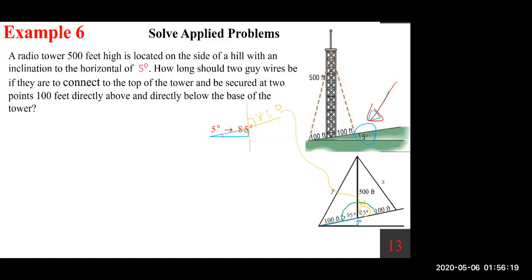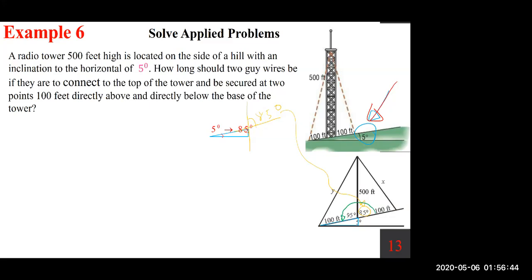Can everybody see how we come up with those angles, class? Because that is the hardest part, using geometry and trigonometry to figure out, based on the fact that only one angle is given, what are the other ones? Okay, class? So 5 degrees is given.